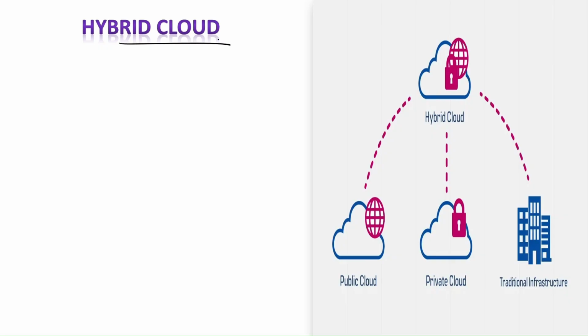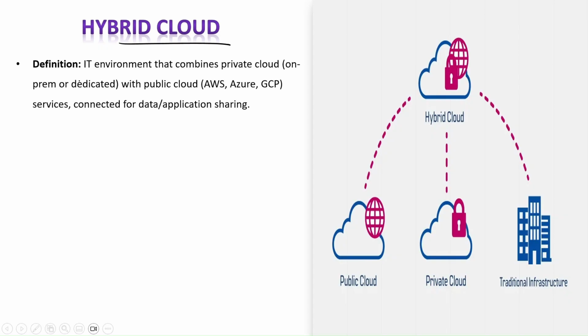Our next topic is hybrid cloud. So what is hybrid cloud? It is an IT environment that combines a private cloud, which may be on-prem or dedicated, with a public cloud, which may be from Amazon AWS, Microsoft Azure, or Google Cloud Platform, with services connected for data and application sharing.